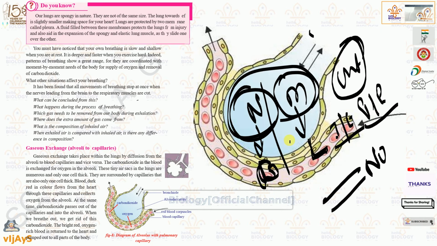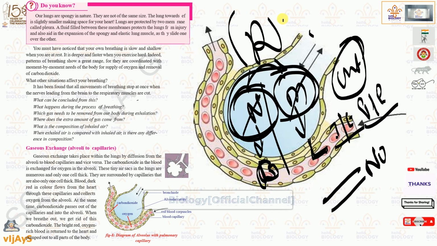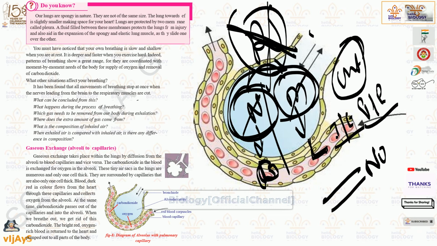So in this perspective, what will happen? Usually all these things make coordination between nerves and muscles. But when nerves are not working and muscles are not working, there will not be any respiration. So that is the thing here. And with respect to this knowledge, some questions are there in the textbook. We shall answer them.